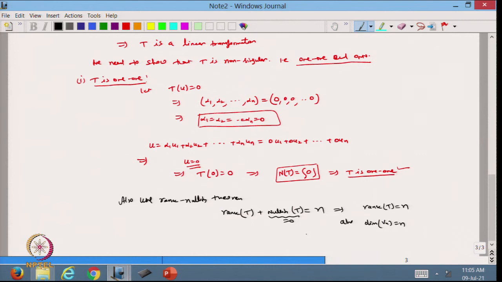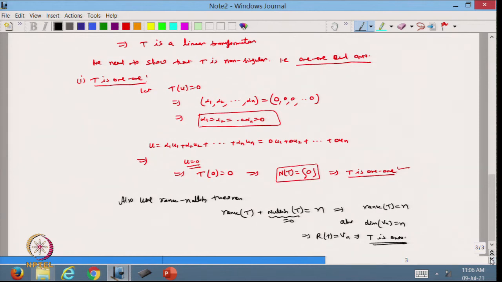If the rank is n, it means the range space of T is equal to V n, and from here I can say that the range space of T will be the complete V n. So, from here I can say that my T is onto. T is onto means the whole range space is equal to the complete vector space V n. By the rank nullity theorem we can show this one, because both have the same dimension n.